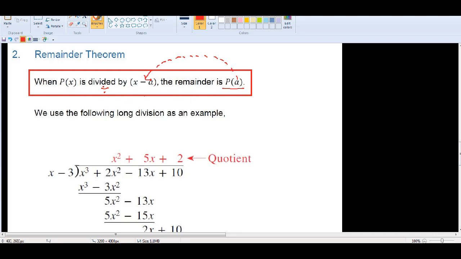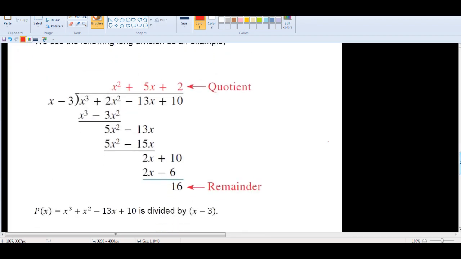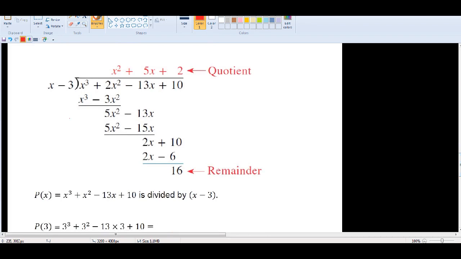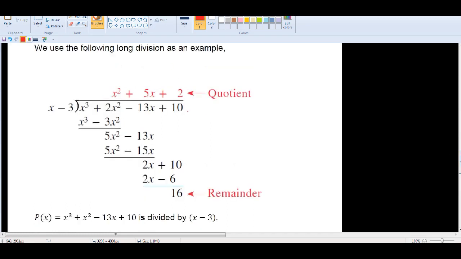To find the remainder, you don't need to do the long division like this one. This is a long division for a polynomial by x minus 3. Let me remind you, the thing here is what we call p(x), which is the dividend, and the thing here is called the divisor.